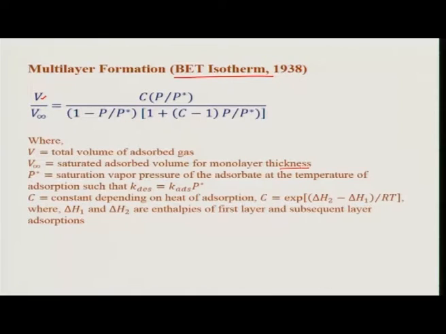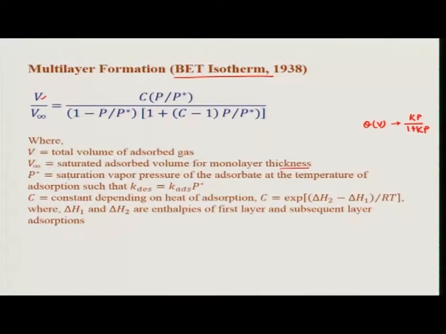Okay. So, this V infinity is, for a theta in terms of volume, given by Kp over 1 plus Kp, right. So, this is fractional coverage, but in volume. If everything is saturated, how much volume of a monolayer is being adsorbed.